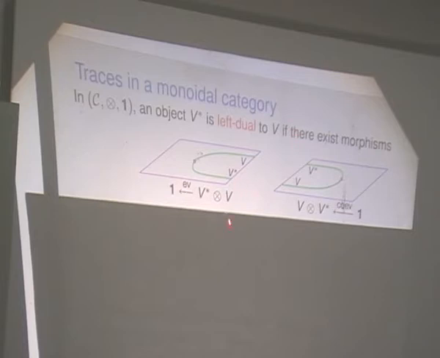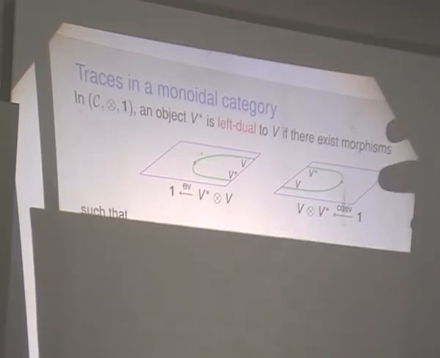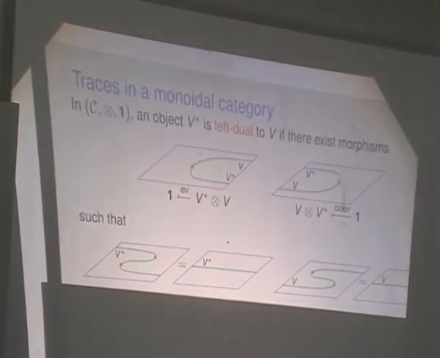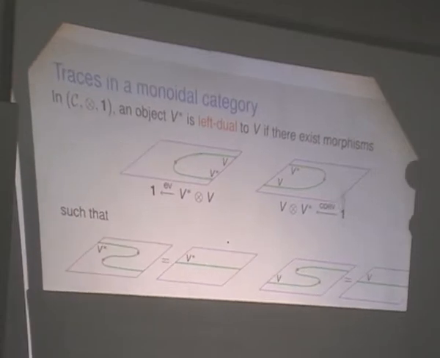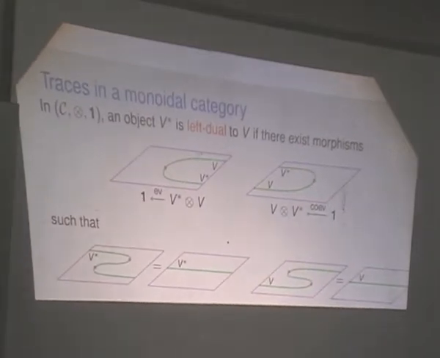So the way we state that is that we've got co-evaluation, which is a map from the unit object, the complex numbers in that case, to V tensor V star, such that the two so-called snake relations hold. So that if we do first the co-evaluation here, so going in that direction, and then we do the evaluation.